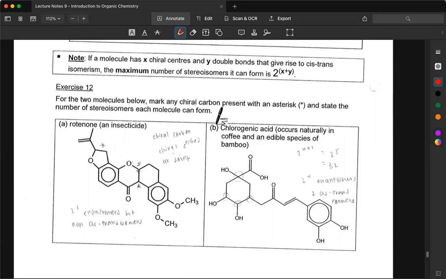And there is a double bond between carbons, so 2 plus 1 is 3.